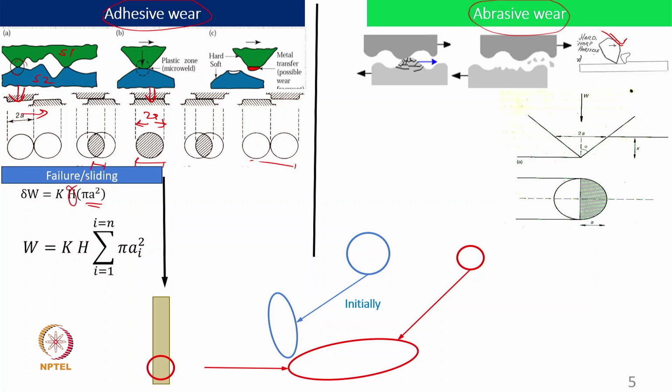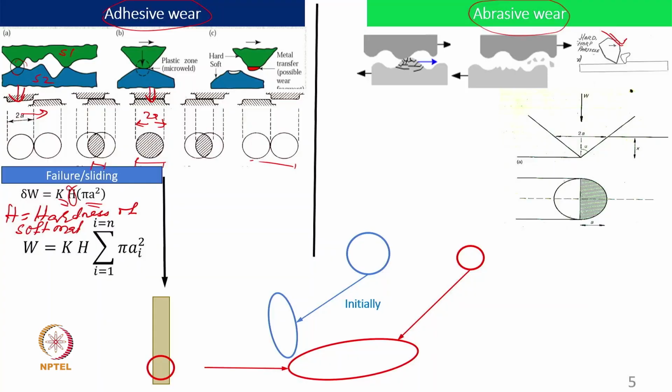So H is the hardness of the soft material in this case. Then we are assuming some multiplication constant. We do not know whether 100% of asperities will be removed, or only 1% or 2%. We do not know. So we are just using one constant k, some fraction will be removed. That's what we are assuming.